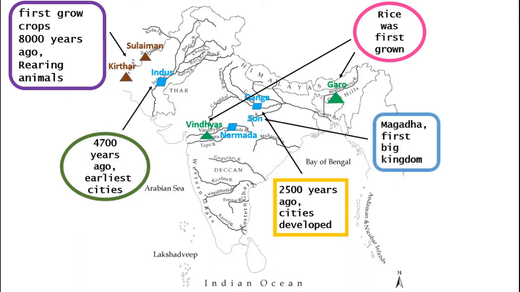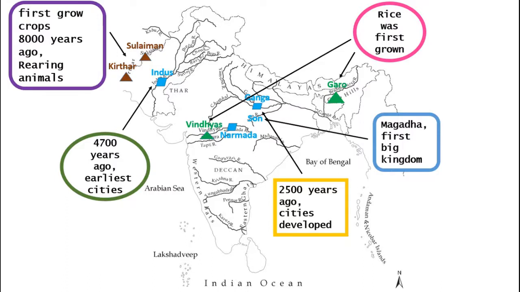Next, you see River Son. River Son is a tributary of River Ganga, and tributaries are the rivers which flow into the larger rivers. So Son is the tributary of River Ganga. And here the very first big kingdom was established, which was called Magadha.